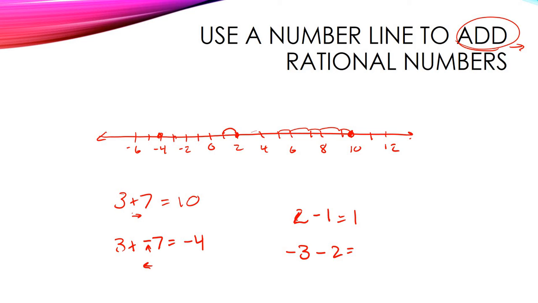So starting at -3, I'm losing my number line. Starting at -3, and then subtracting 2 to the left 2 more, I end up at -5. So moving back and forth on the number line is one way to add and subtract rational numbers.